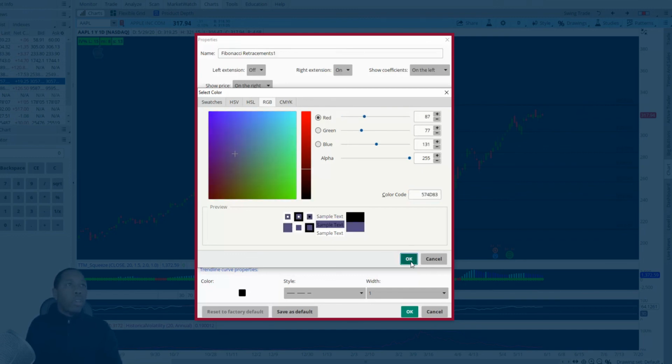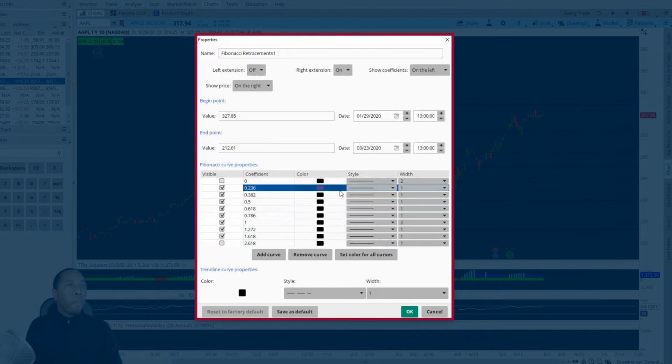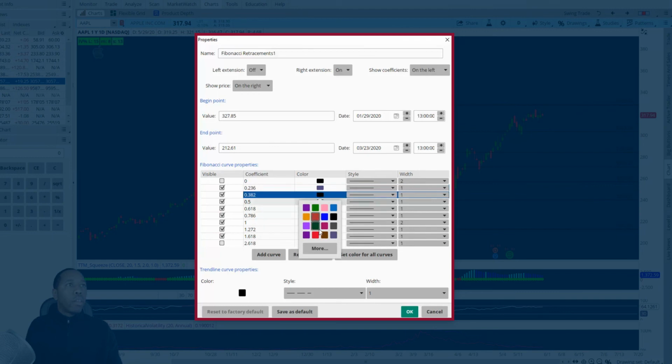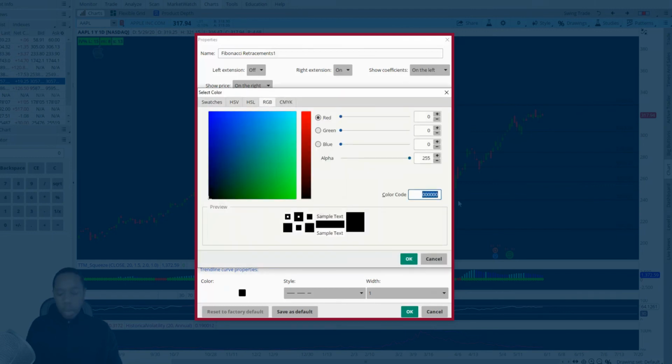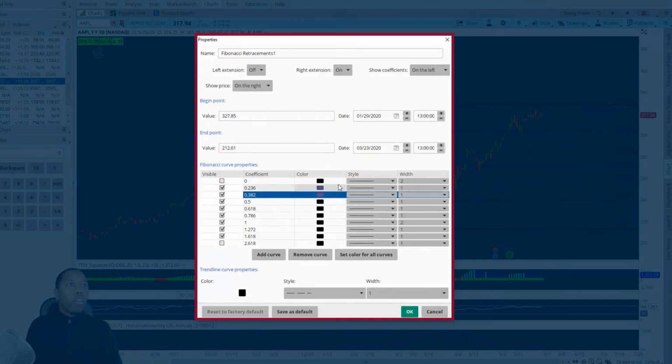574D83. It's going to be the first color. Okay. And then the 382, we want the same color. So you just go in there and you do the same thing. Type it in. The number is 574D83. And you can use any color that you choose, but these are the ones that I use. Okay.